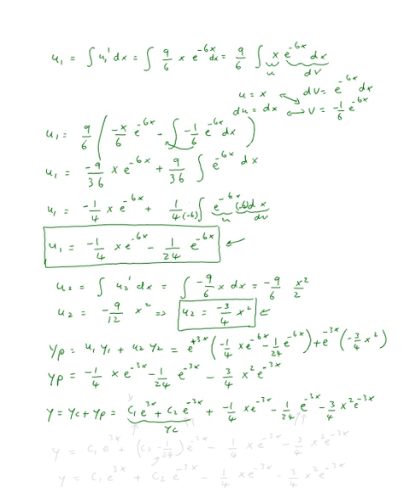Now I can add these, this one and that one, and you get just another constant. c1 minus 1/24 is another constant. So let's just call it c1 or c3 or whatever you want to call it.